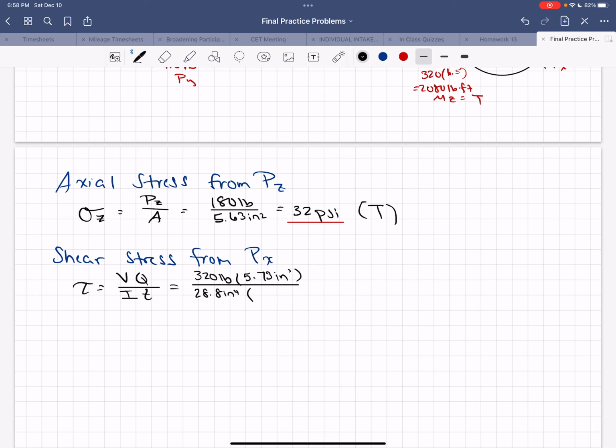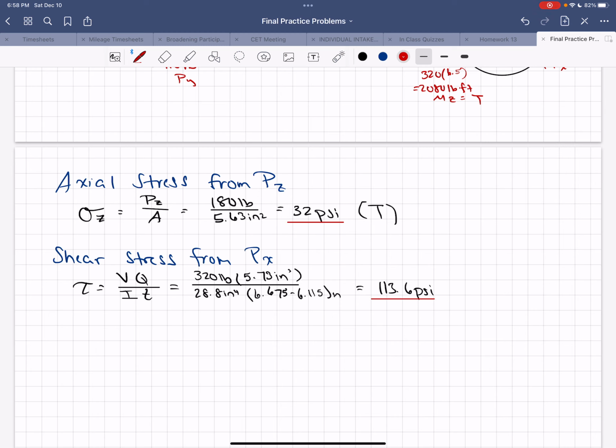And t equals big D, 6.675, minus little d, 6.115. These are all inches. And we get 113.6 psi.